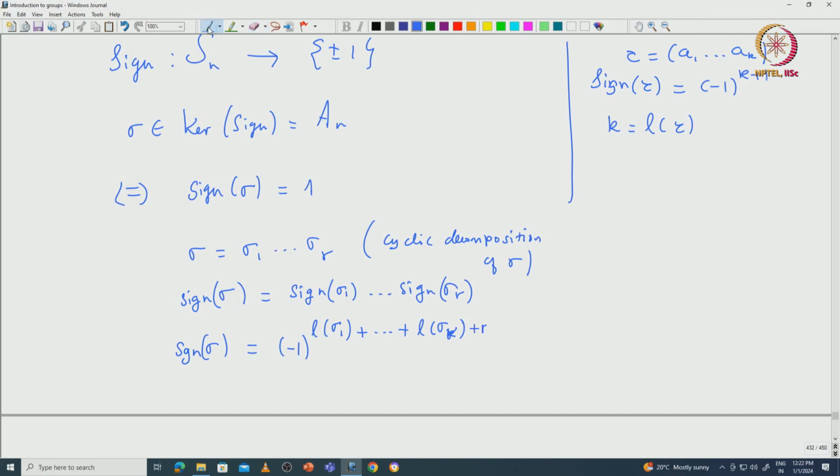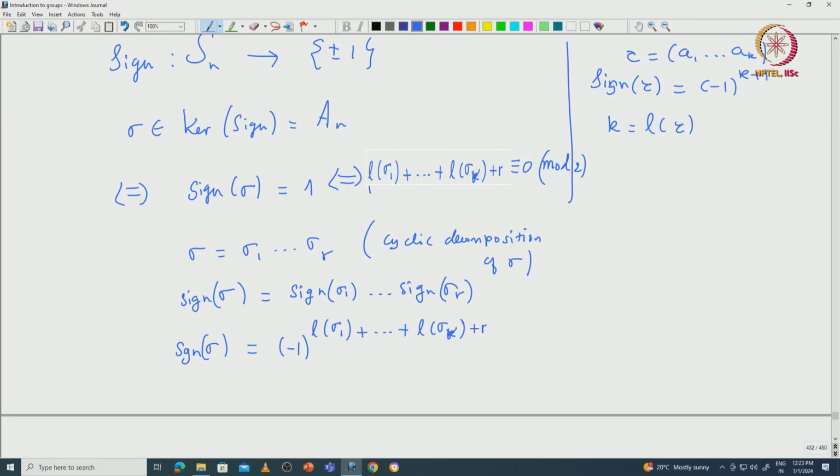So the sign of sigma is 1 if and only if the length of cycle sigma_1 etc. plus the length of sigma_r plus r is an even number.